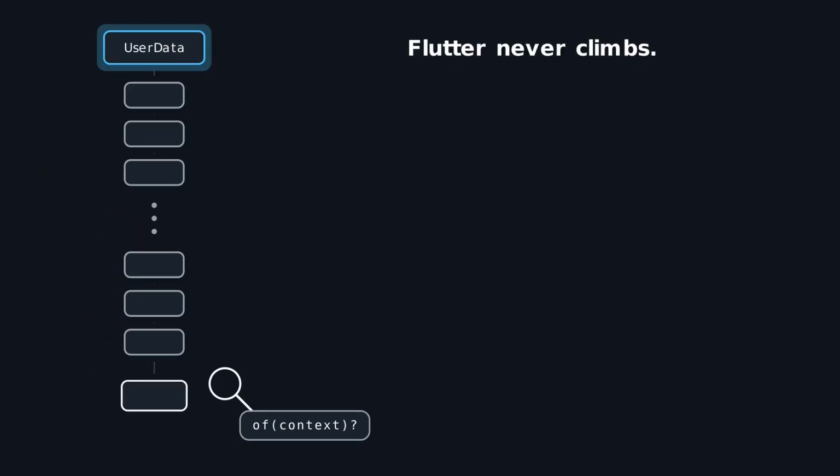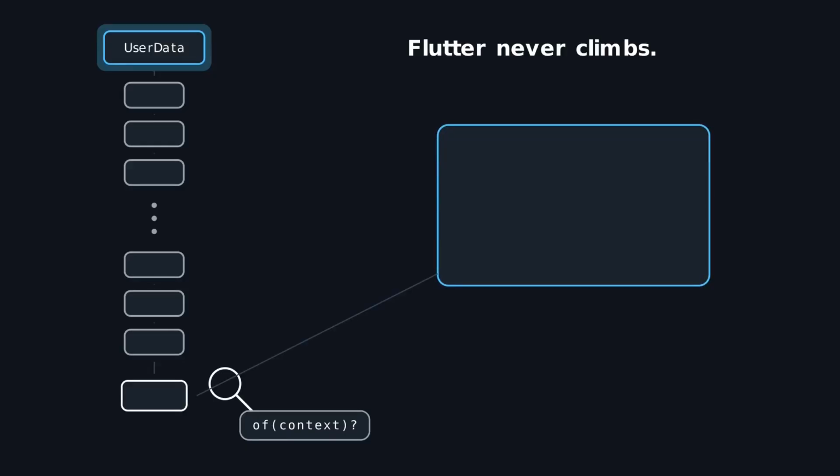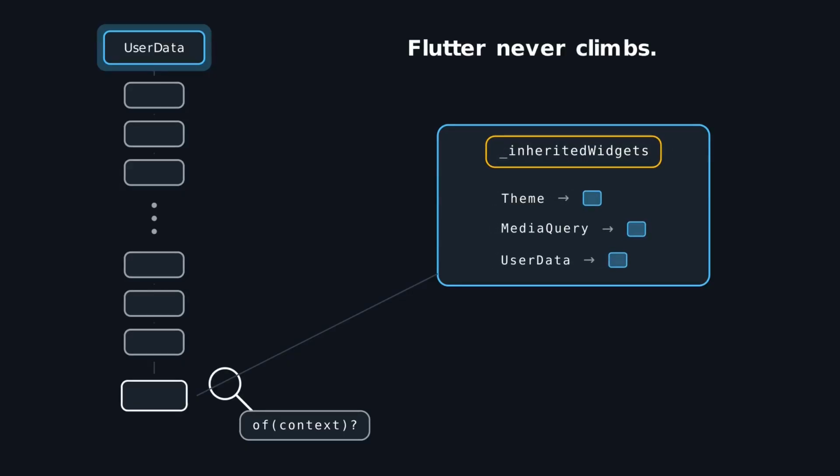Here's the secret. Every element in the tree carries a hash map, internally called _inheritedWidgets, listing every inherited widget above it. As the tree builds downward, each parent hands this map to its children. So when your widget asks for user data, it's a single hashmap lookup.